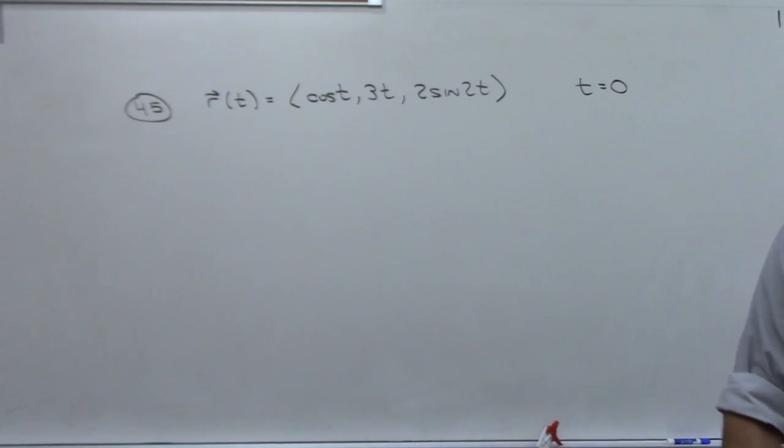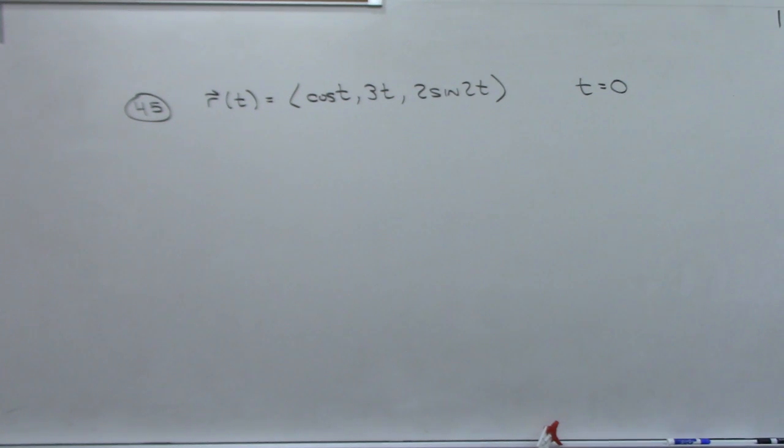All right, so we have to go back and take a look at the formula for capital T of t, which is the unit tangent vector. Let me see. The formula we have, I believe, did we give you 2 of them in this section?